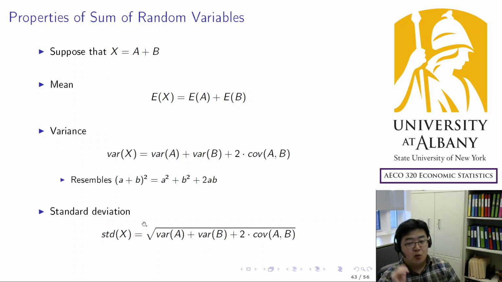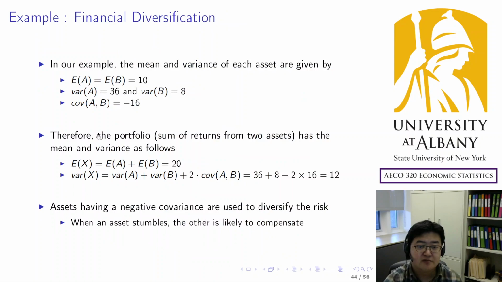Okay, so then you can see why having B can reduce the variance of your portfolio. In our example, variance of A is 36, variance of B is 8, covariance is minus 16.